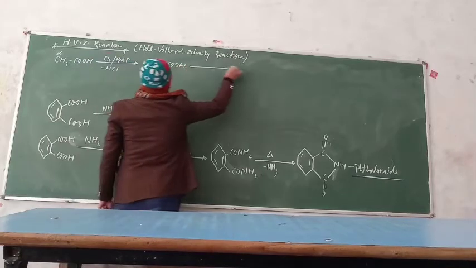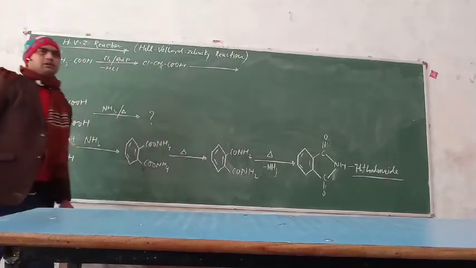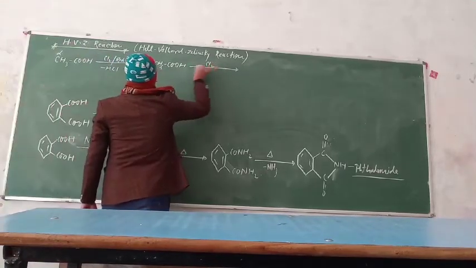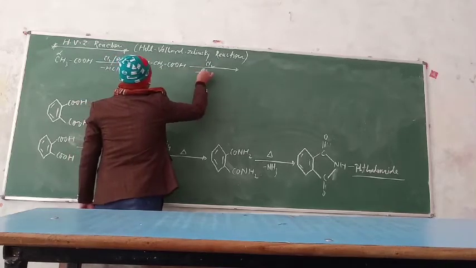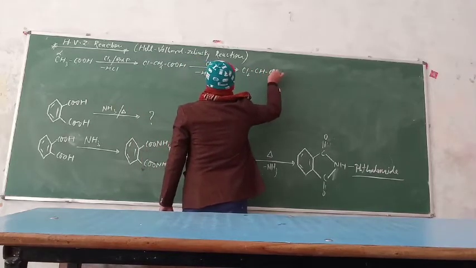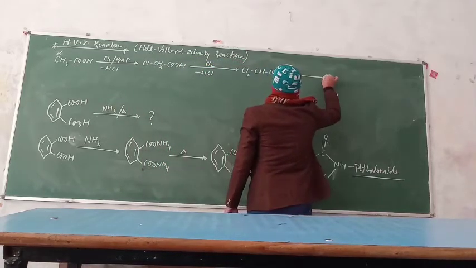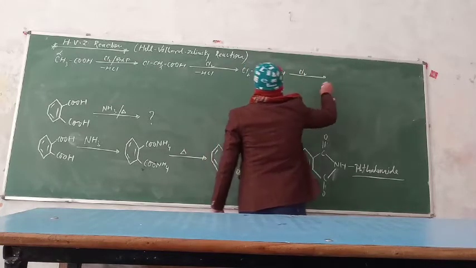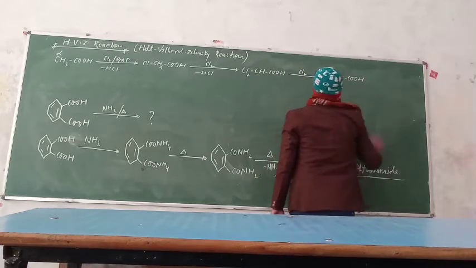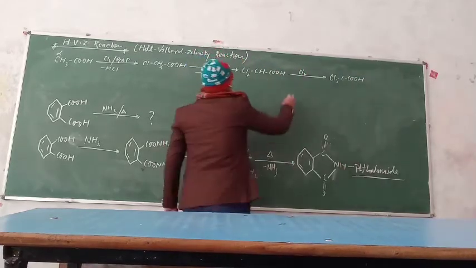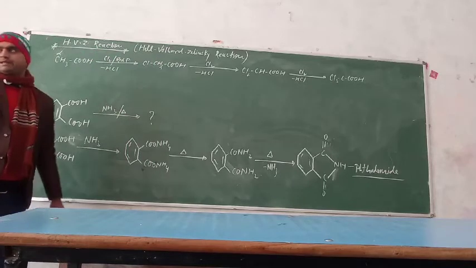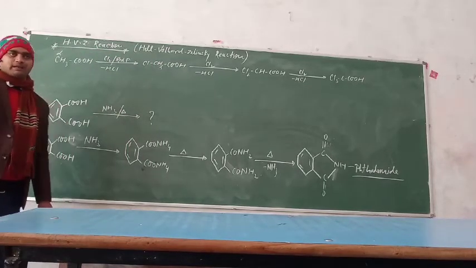But the reaction will not stop when we take a greater amount of chlorine. Again, one of the alpha hydrogen atoms and one HCl will be removed. We get Cl2CHCOOH. The reaction will continue until all the alpha hydrogens are removed, and the reaction is considered the Hell-Volhard-Zelinsky reaction or HVZ reaction.